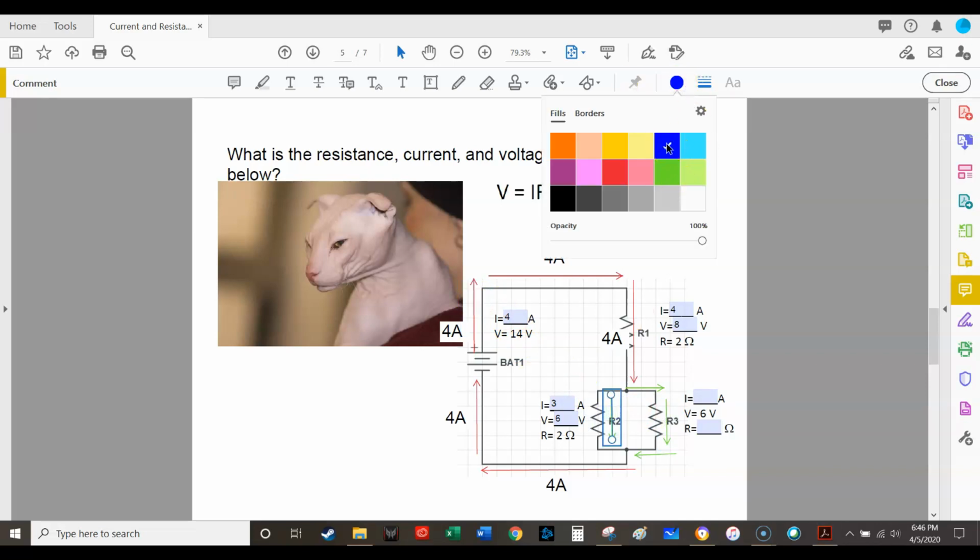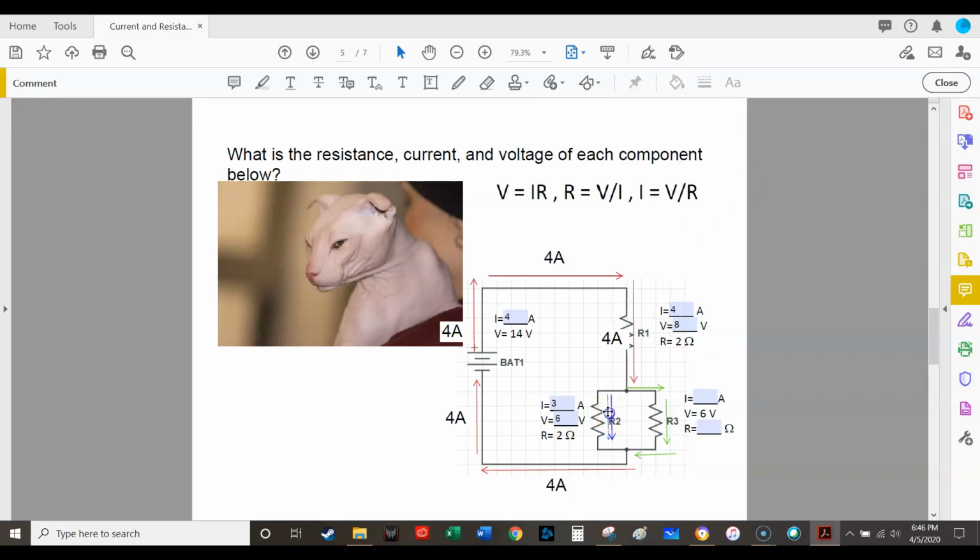I'm going to give that a blue color. So R2 is going to be blue. Red is flowing in. Blue is traveling to the left across R2, and then joining back up with green to become red again.